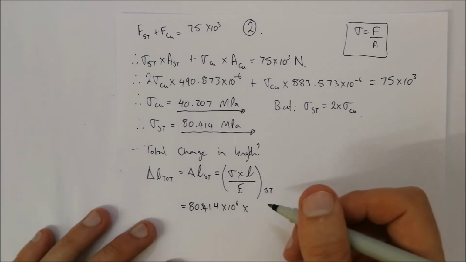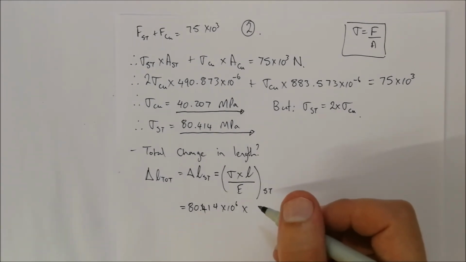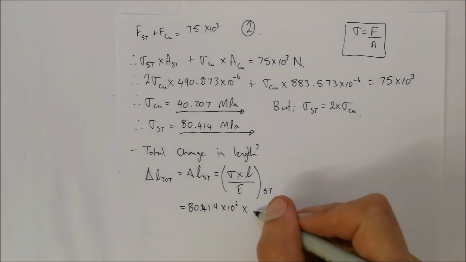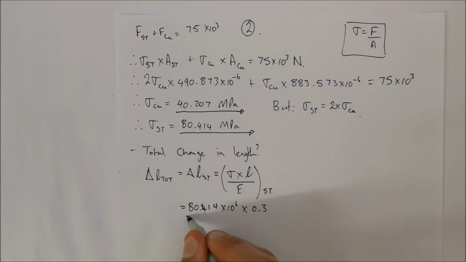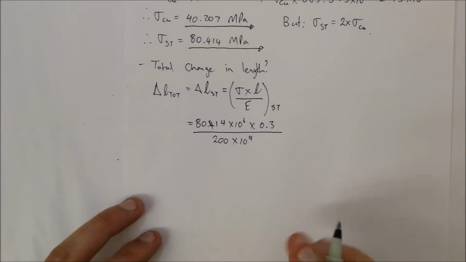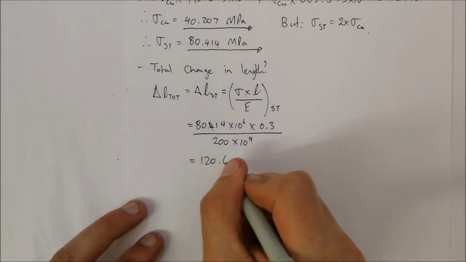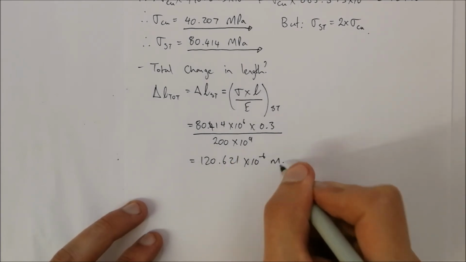We were told it is 300 millimeters in length, so that is multiplied by 0.3 meters, and then we divide that by the E of steel, which we were told is 200 gigapascal, or 200 times 10 to the 9. We do that calculation and we get an answer of 120.621 times 10 to the minus 6 meters.